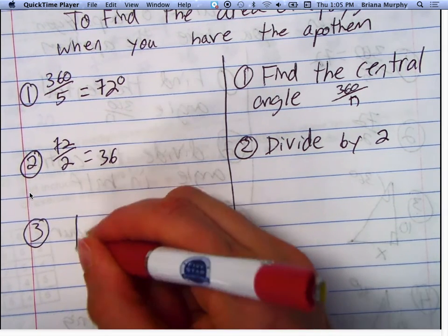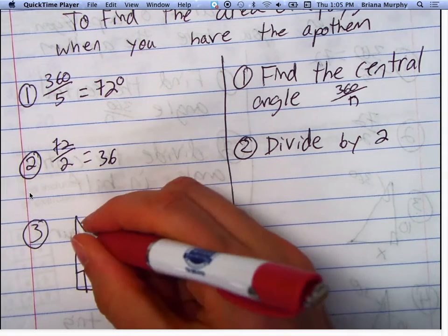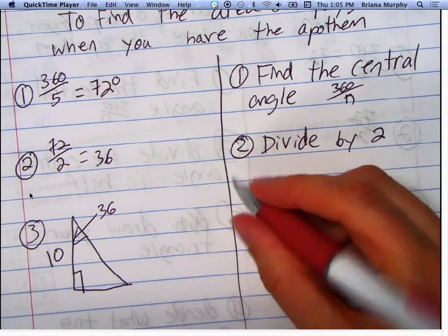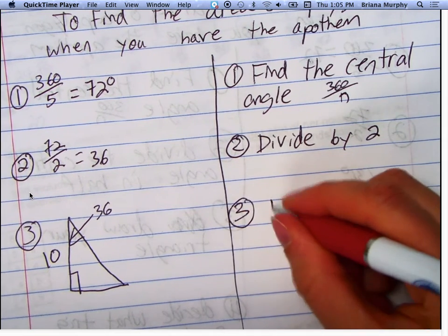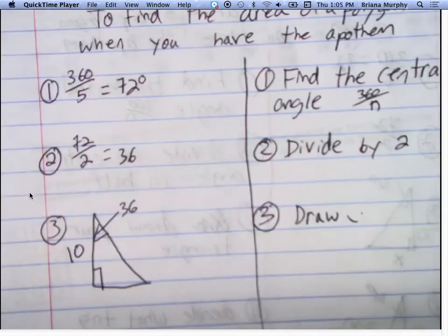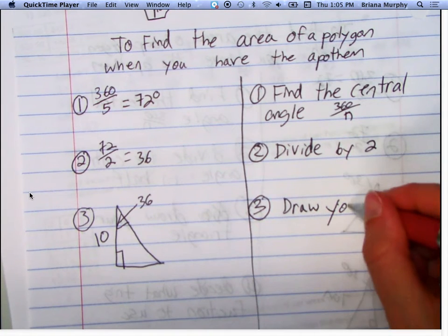I had this picture. So for step 3, I'm going to say draw a triangle. Should I zoom out a little bit so you can see a little bit better? Yes.